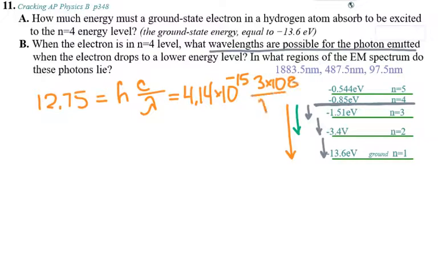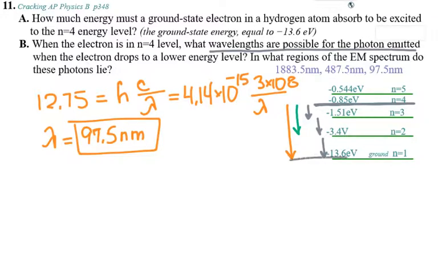Then the wavelength is equal to 97.5 nanometers. That would happen if it jumped right from the fourth level to the ground level.